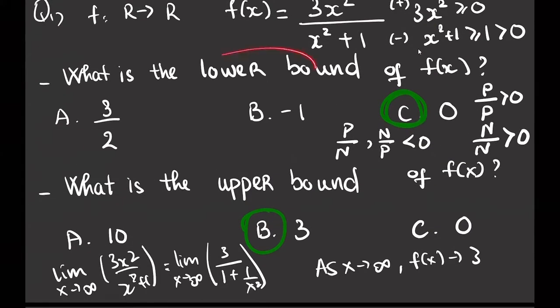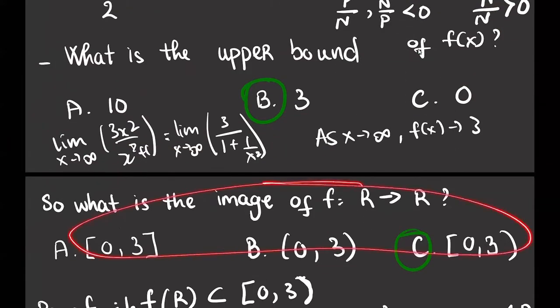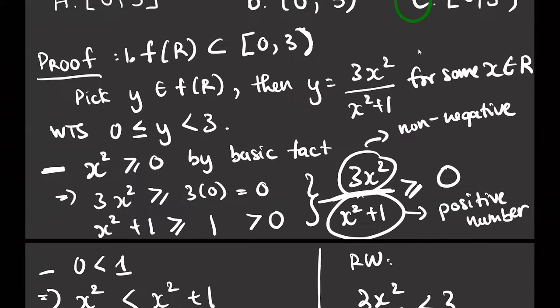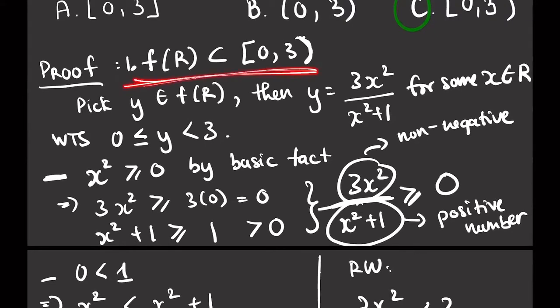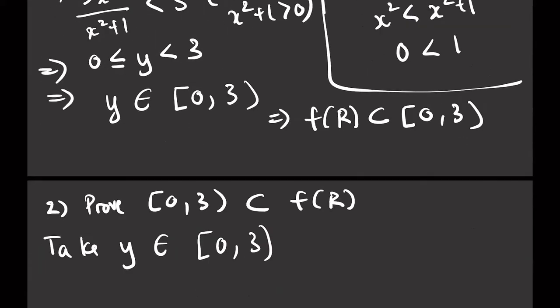Like, it is the process of thinking about what the potential image is, and in the proof you just have to prove it, because we don't care about how you get your image. We just care about the proof part. First, that the image is a subset of the interval, and secondly, that the interval is a subset of the image. That's what we mark it for. We don't mark the process, how you came up with it.